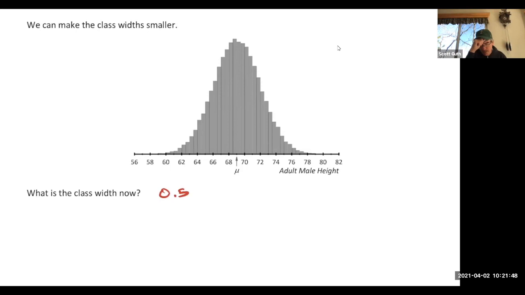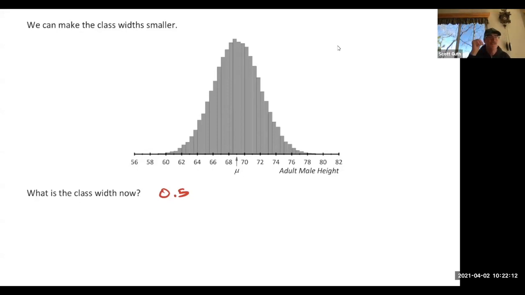Now, again, what I did to make these graphs is I generated a random collection of 10,000 men's heights with certain assumptions. Again, I think I set the mean to 69. The standard deviation was 3. And I told it to create a normal distribution of values.